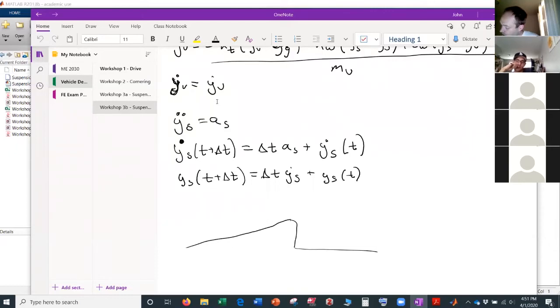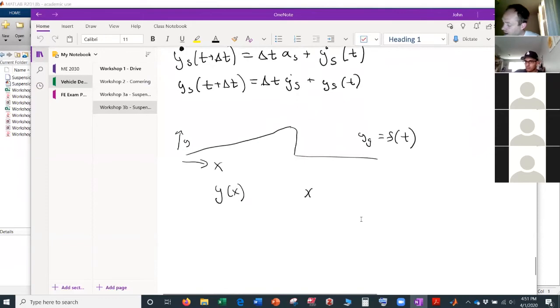So let's say I know y as a function of x. I need to convert this to the y of the ground as a function of time. So if I know y as a function of x, if I can get x as a function of time, I can plug that in here, right?